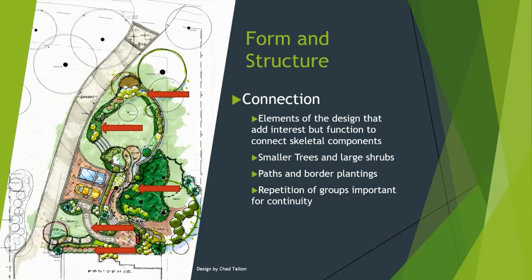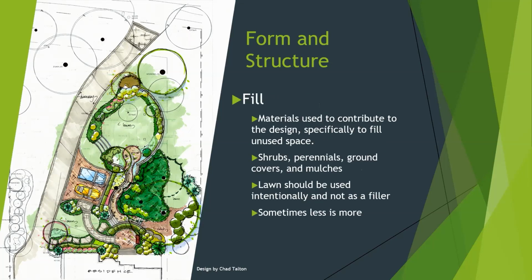So that's a good way to design, is you have your anchor points and that skeleton. You have these areas or these plants and things that you use to connect those. And then finally, you have everything else.